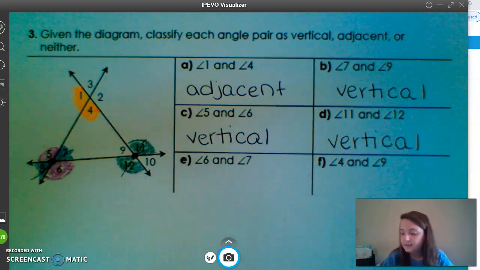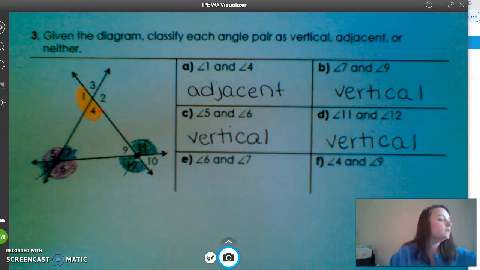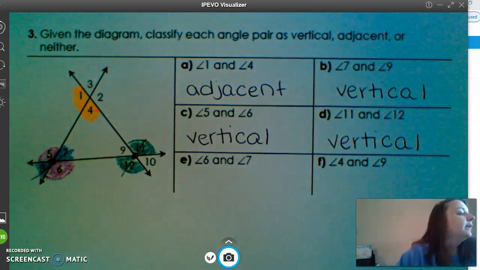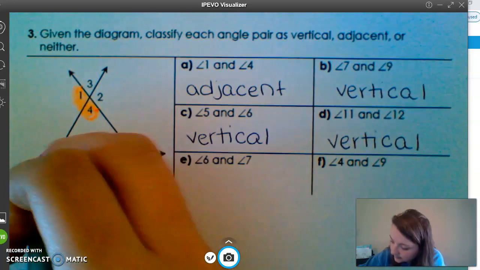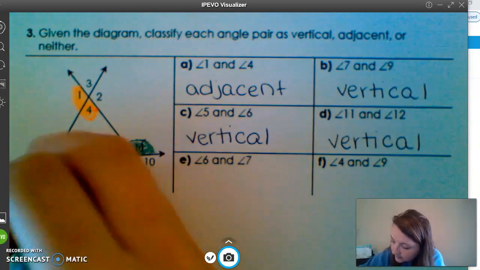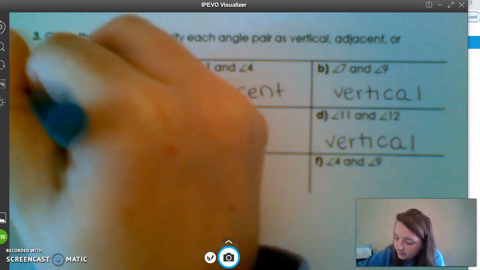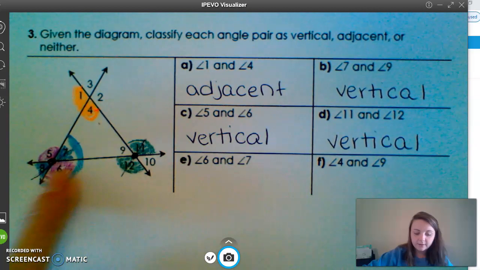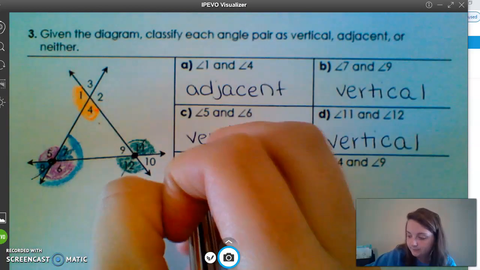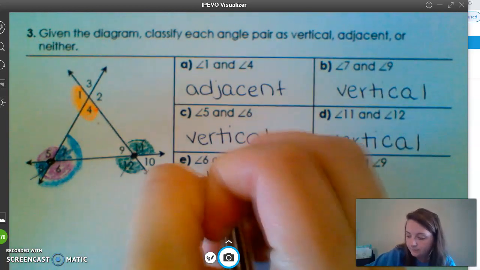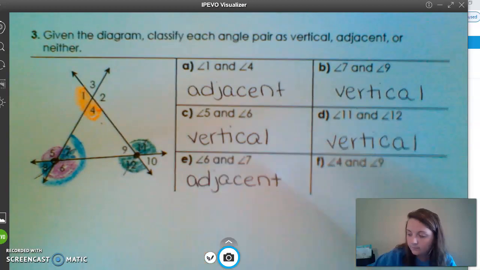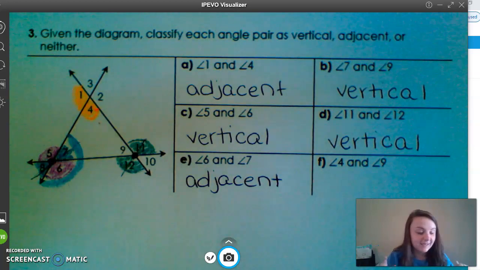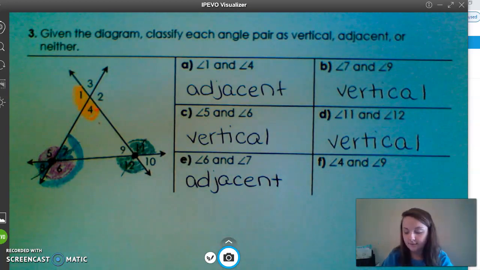E says 6 and 7. So if we are looking at, here's 6 and here's 7. They are right beside each other, so they are adjacent. And then example F says angle 4 and angle 9.